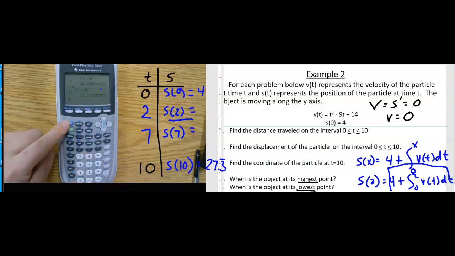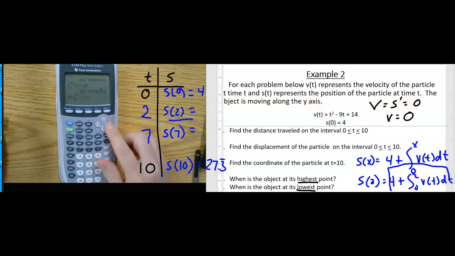I'm going to push 4 plus my integral. So I'm going to push math 9, 0, 2, and then we're going to put our function in there, which is stored under y1 dx. So at s of 2, we have a position of 16.6 with a bar on it.